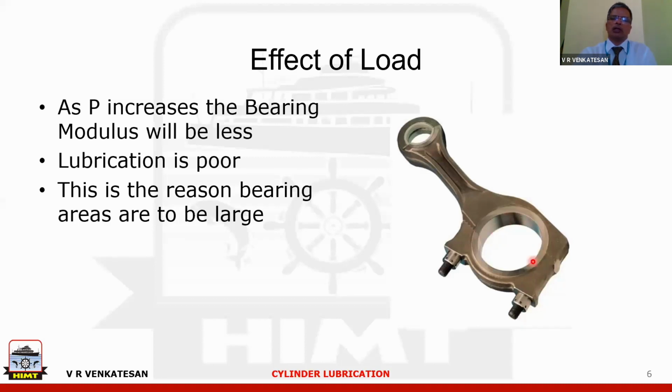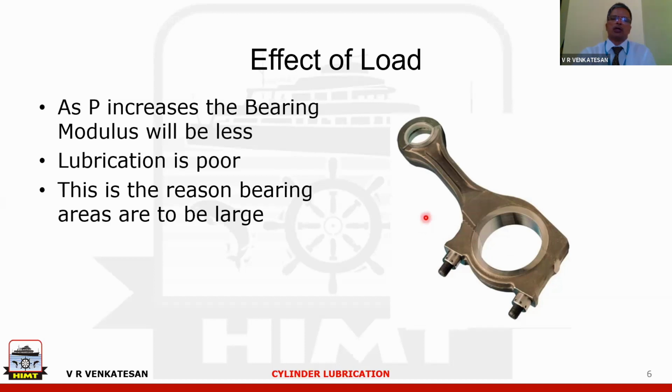By giving an oblique cut, I can make it much bigger. So this is the number one reason why the trunk piston bottom end bearings have got an oblique cut. And along with the oblique cut comes this serrated design, because the serration is to prevent bending load on the studs.